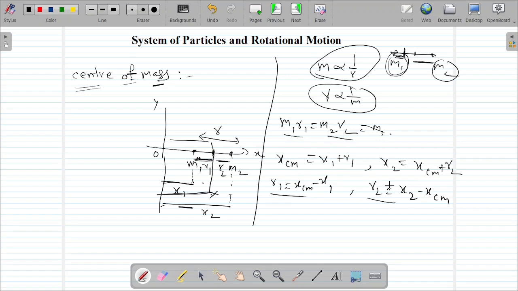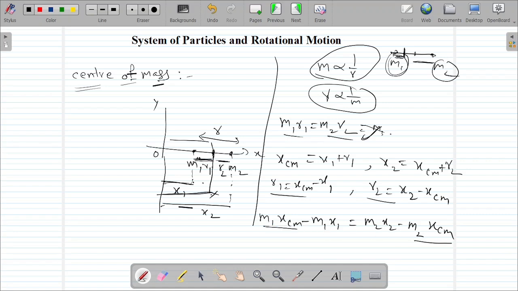So r1, r2 are going to be substituted in this equation. So if you substitute, m1 xcm minus m1 x1 equal to m2 x2 minus m2 xcm.